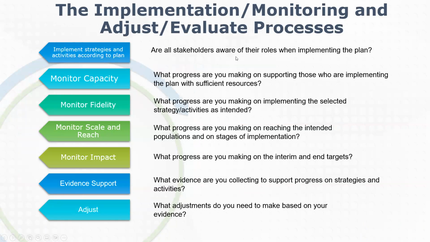Again, these are questions just to help prompt you as you go through this continuous improvement process of looking at: are all the stakeholders aware of their roles when implementing a plan? Now that can be done in various ways. In MICIP, when a district MICIP administrator goes in and adds users to the account, they can add users that just have access to view the plan only.